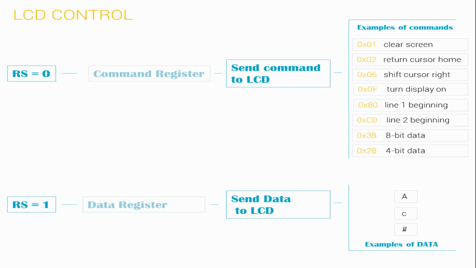Now we know an awful lot about controlling the LCD. However, there are two things we have to keep in mind when working with LCDs. First of all, because of the low power design of the LCD, it runs much slower than our microcontroller. In order to allow the LCD to catch up with the microcontroller, we have to add some delays between commands.